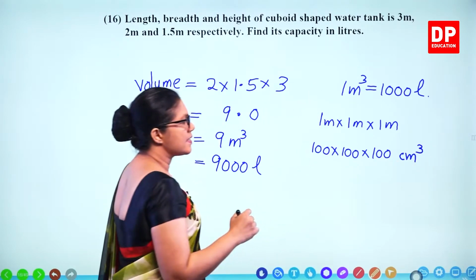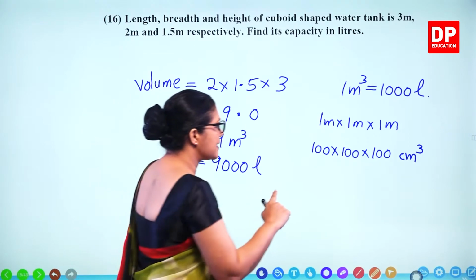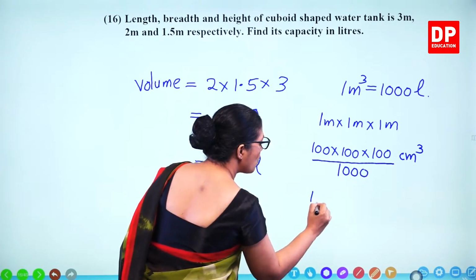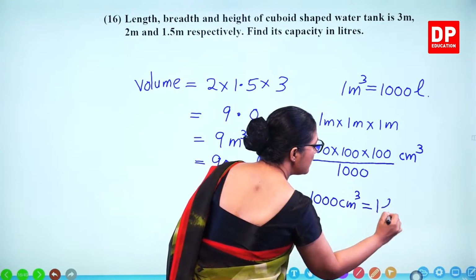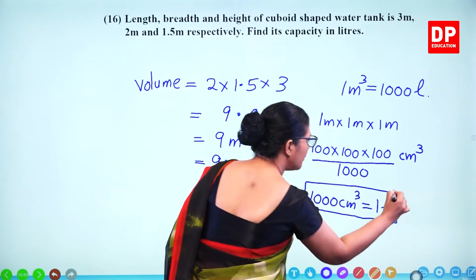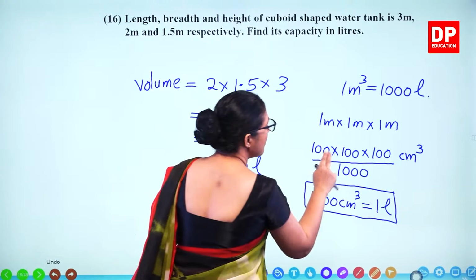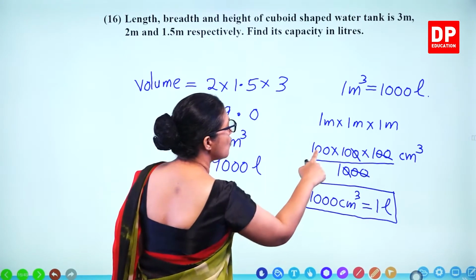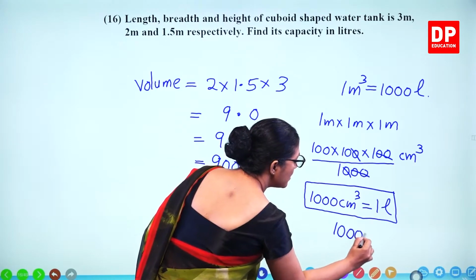This is in cubic centimeters. Then how do you convert to liters? You divide this by 1000, because 1000 cubic centimeters is 1 liter. That's a relationship you already know. When you convert, 2 zeros get cancelled out from the 1 followed by 6 zeros, leaving 1000 liters.